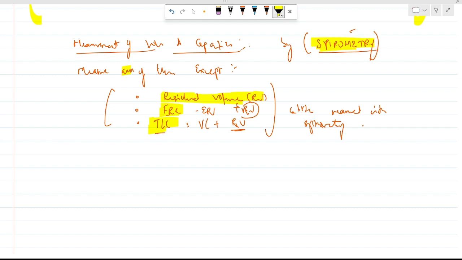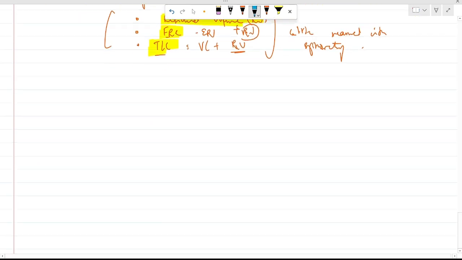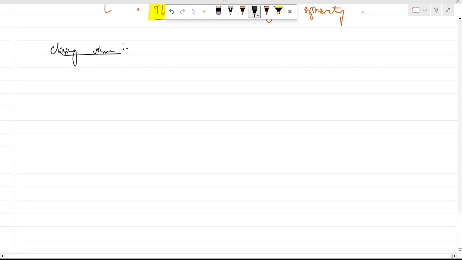Now there is a term we call closing volume. This is closing volume.